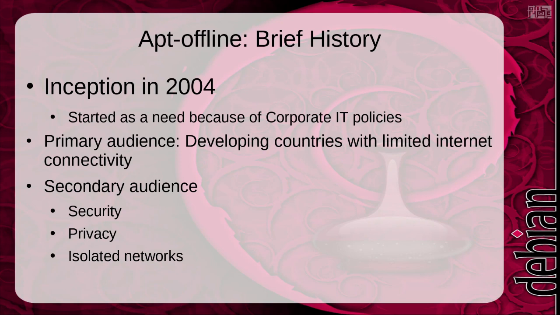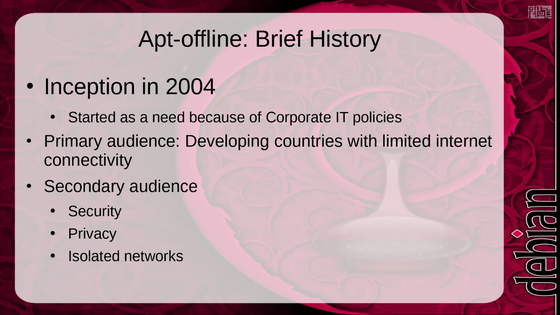A brief history about APT Offline, what led to the creation of this software. Basically, somewhere around 2004, 2005, my then employer had a corporate IT policy which mandated only the use of Microsoft Windows machines. But at home I had a Debian box, and I wanted to keep it up to date without too much hassle.